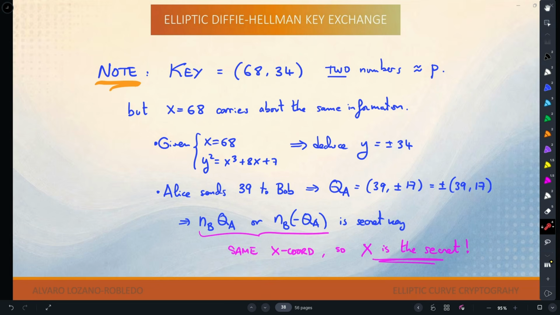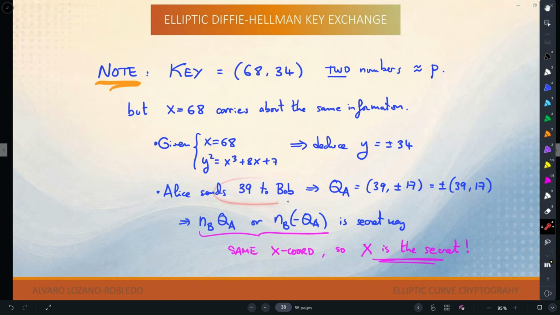And you don't want that, but that's actually not happening here, because on an elliptic curve, if I give you the x coordinate of a point, then there are only two options for y, plus or minus 34 in this case. So the secret is not 6834, the secret is 68.